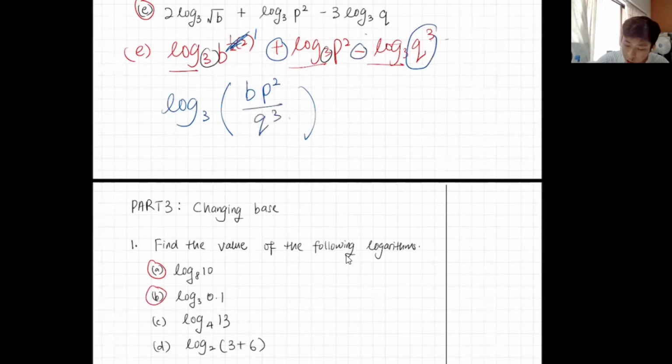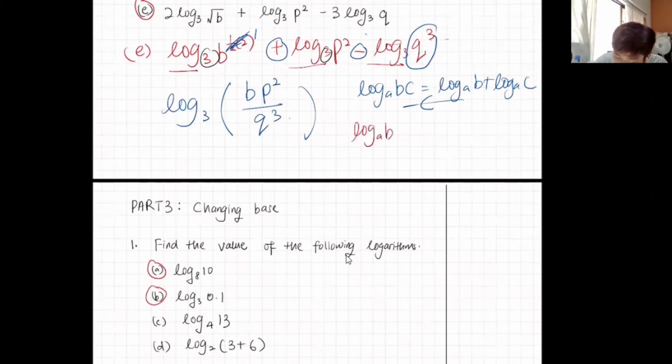So what is the theorem I'm applying? I repeat again and again: log A(BC) equals log A(B) plus log A(C). If you move in the opposite direction, how do you combine? For example, I give you the opposite direction, log AB plus log AC. How do you combine them?